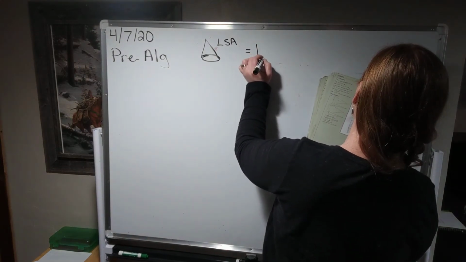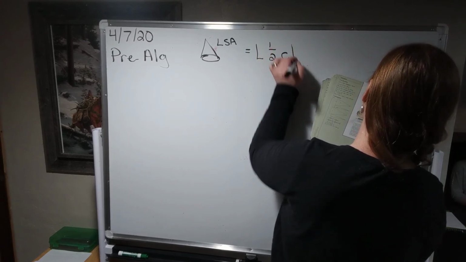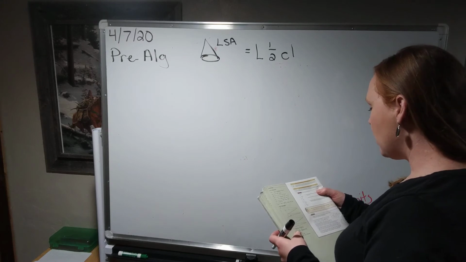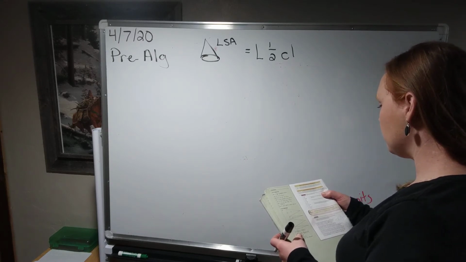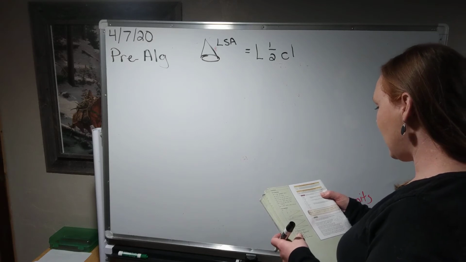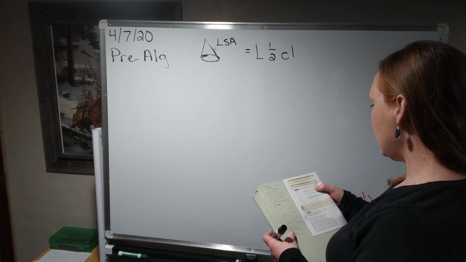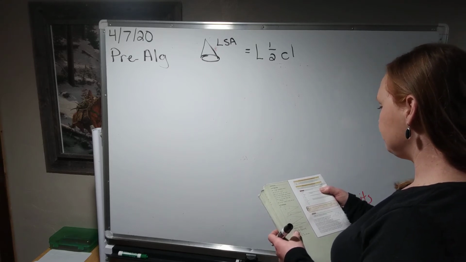Lateral surface area equals 1/2 CL, okay? So what does that mean? Well, the area of the circular cone is equal to half the product of the circumference of the base and the slant height, L.